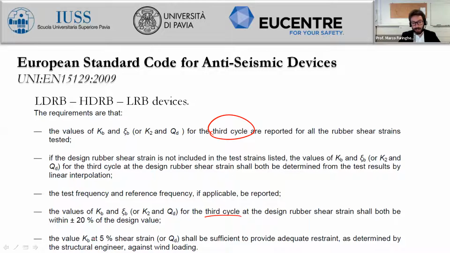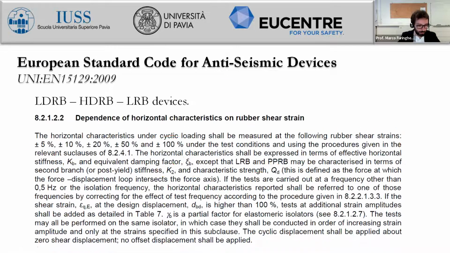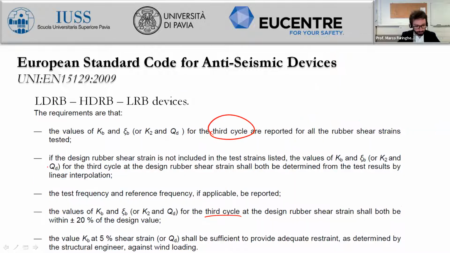Whereas the value KB, so the effective stiffness at 5% shear strain, which is, I think it was the very first value, yes, or the strength for lead rubber bearings should be sufficient to provide adequate restraint as determined by the structural engineer against wind loading. Obviously, we have to keep in mind that we are designing anti-seismic devices, but at the same time, there will be also other typologies of horizontal loading, such as wind loading.